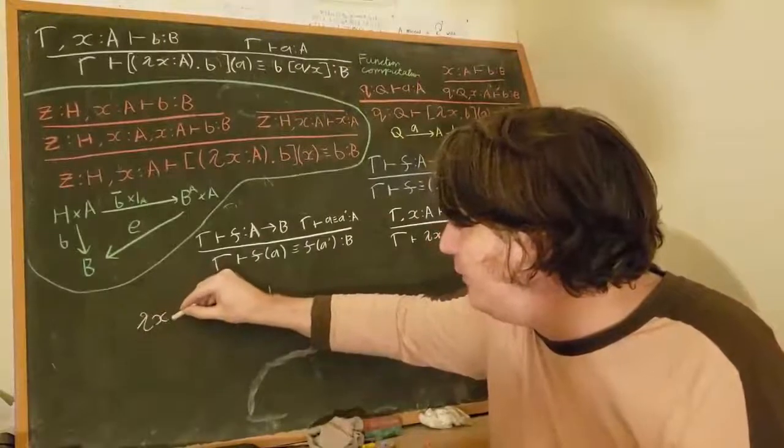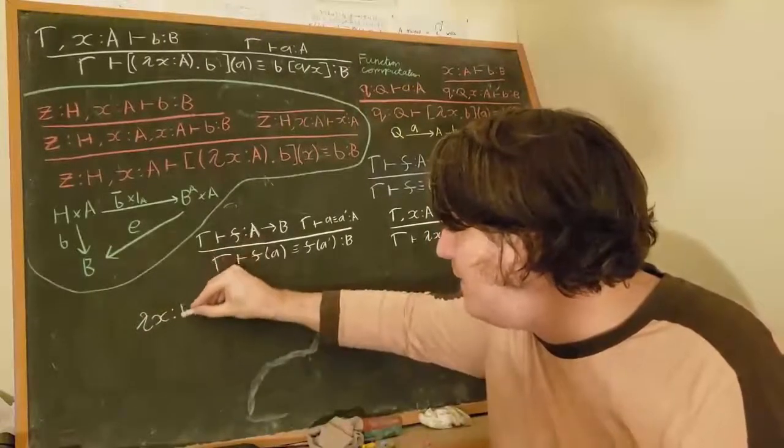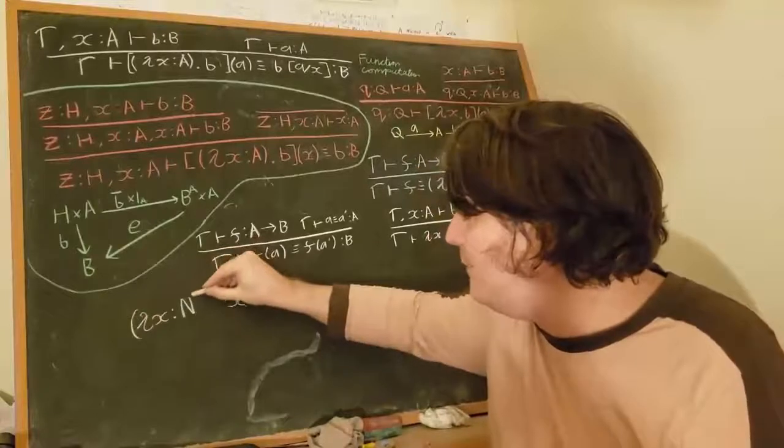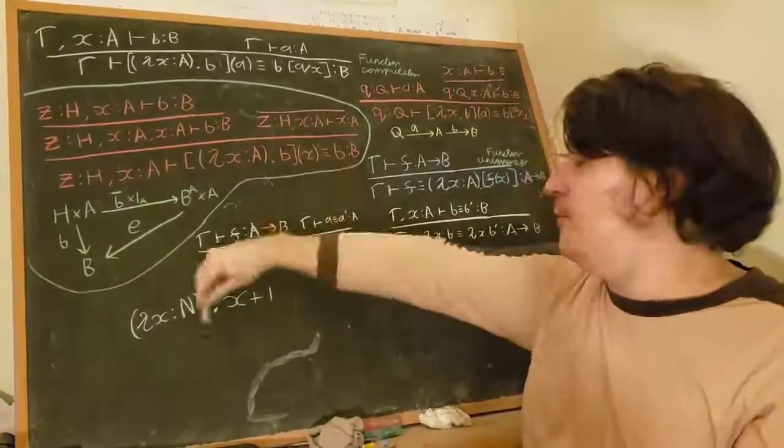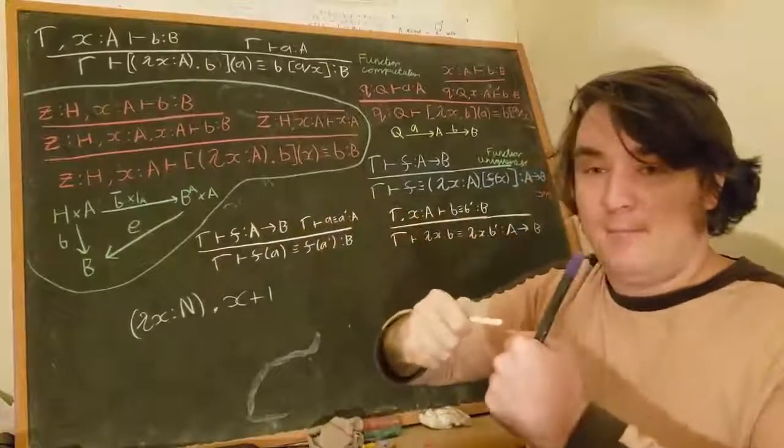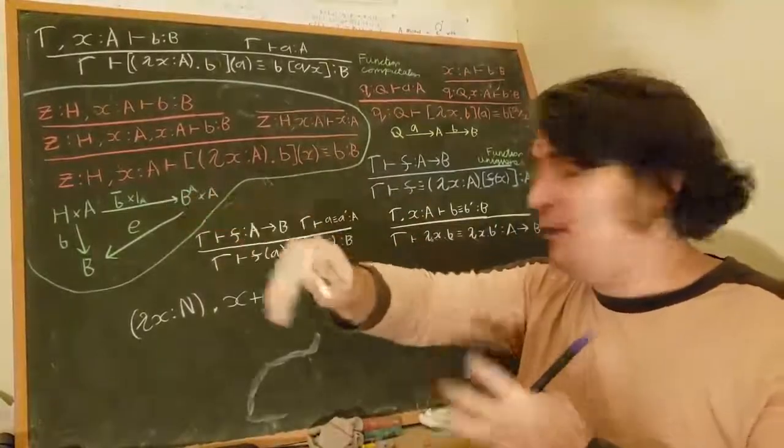We'll take an x, which is a natural number. We'll do lambda of it and then we'll put a dot there. Now we have a function from numbers to numbers. It takes in a number and it returns 1 plus that number.